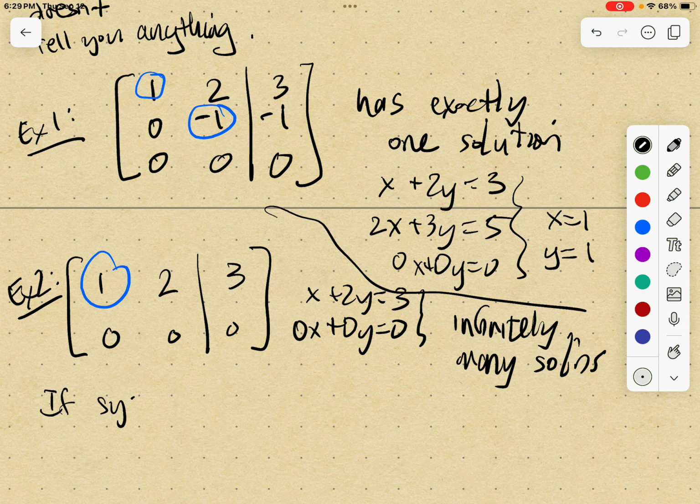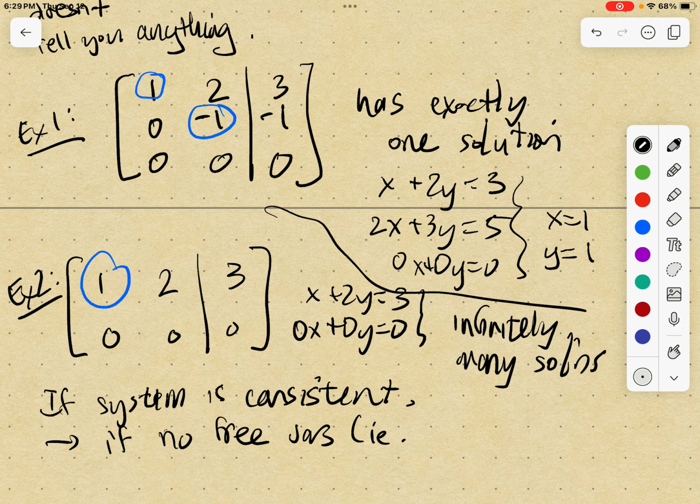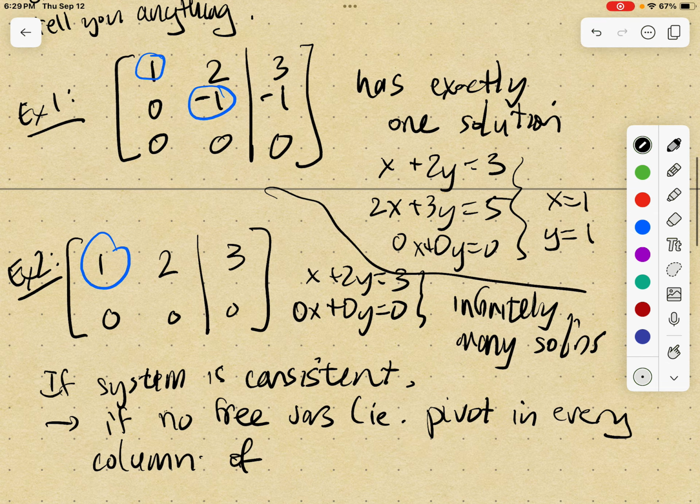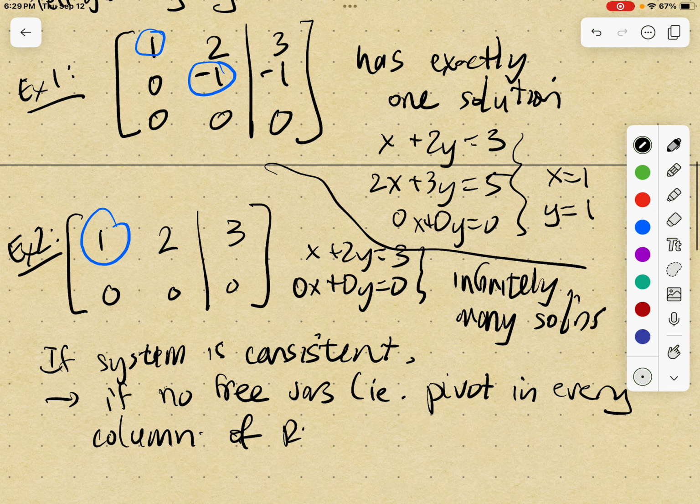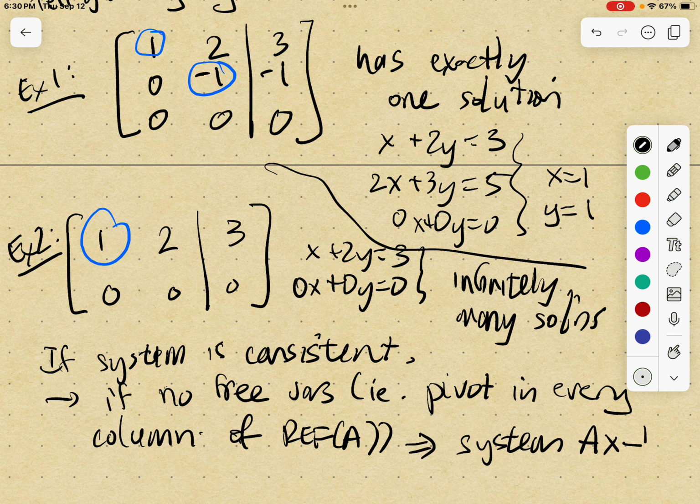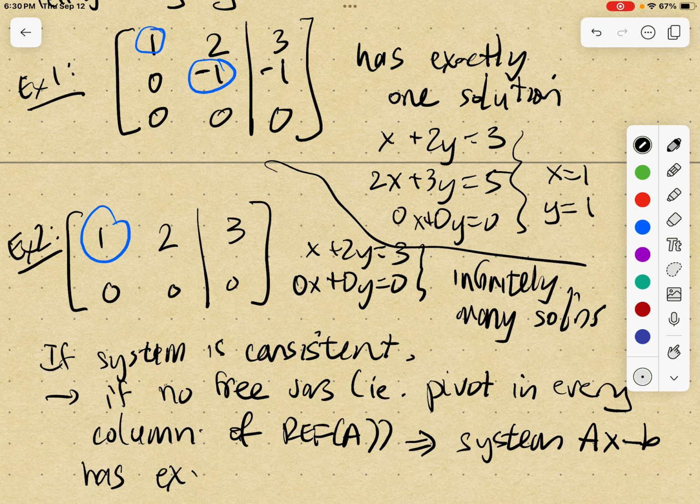If the system is consistent, then if there are no free variables, i.e. there's a pivot in every column of the matrix, in the row echelon form, then the system AX equals B has exactly one solution.